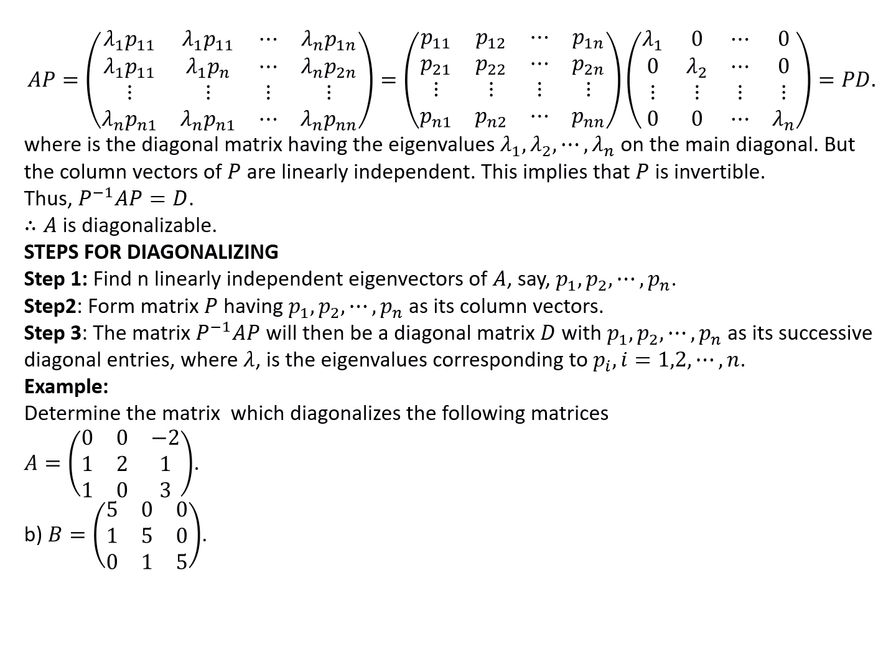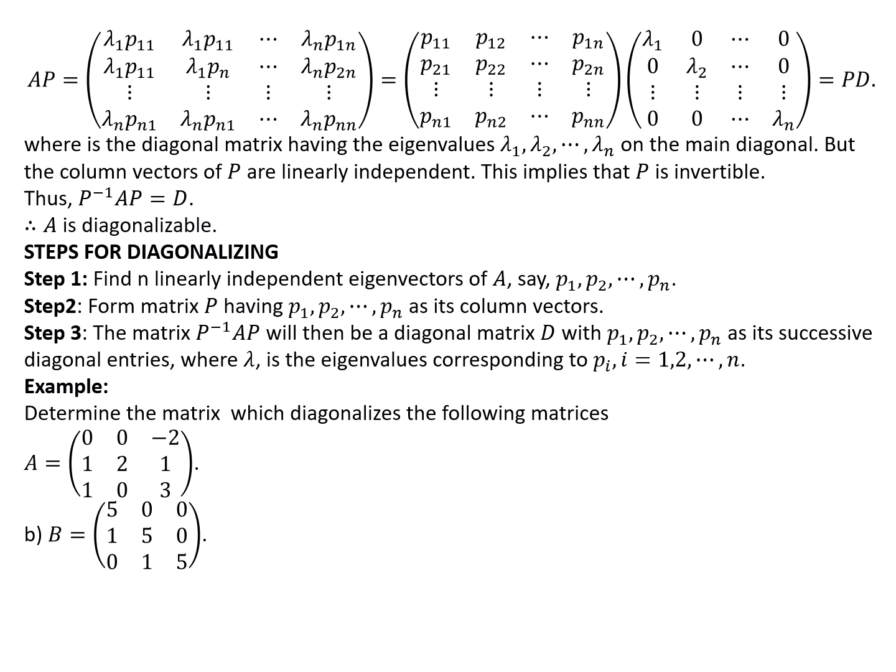So we want to outline the steps for diagonalizing a matrix. Step 1: find the n linearly independent eigenvectors of A, that is P1, P2 up to Pn, depending on whether it's an n by n matrix. Step 2: form the matrix P having P1, P2 up to Pn as its column vectors.